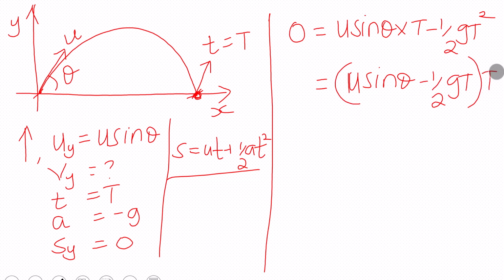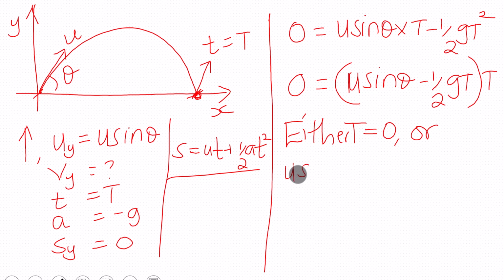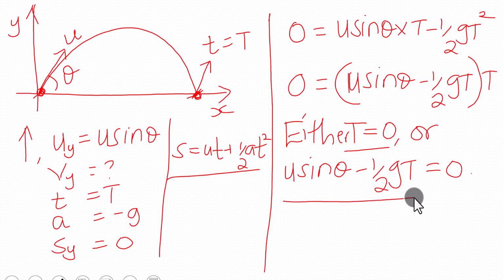And if you have such an equation, then that means either t is equal to 0 or u sine of theta minus a half g t is equal to 0. And in this case, t is equal to 0 at this point before projection, actually at the time of projection, and the other will be for this point when the particle is landing.